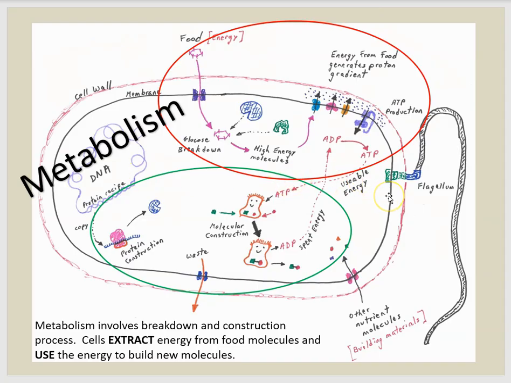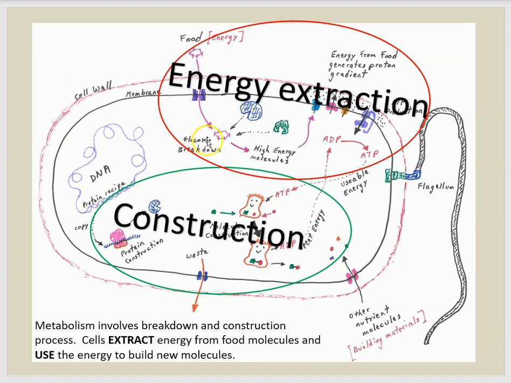So for all cells on Earth, we can begin to categorize some of the chemistry going on in the cell. There are lots of chemical reactions involved in doing two basic processes, and we call these chemical reactions metabolism. These are the sets of chemical reactions that sustain the life of the cell. The two categories might be identified as follows. There's a whole set of chemical reactions involved in getting energy, processing energy, somehow getting energy from the environment.